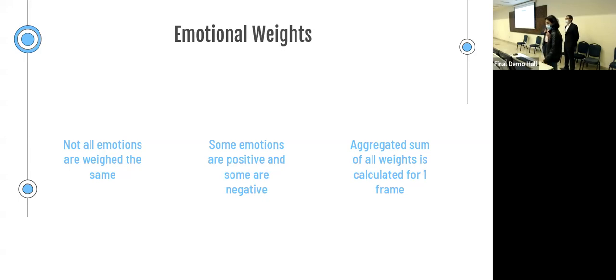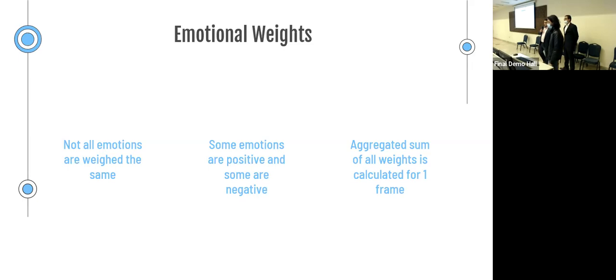So this is done by clustering, which, to be clear, is our internal way of naming our algorithm and is not the machine learning algorithm of clustering. So how this works is that we have some weights, we have some emotions that are classified as positive and some that are classified as negative.